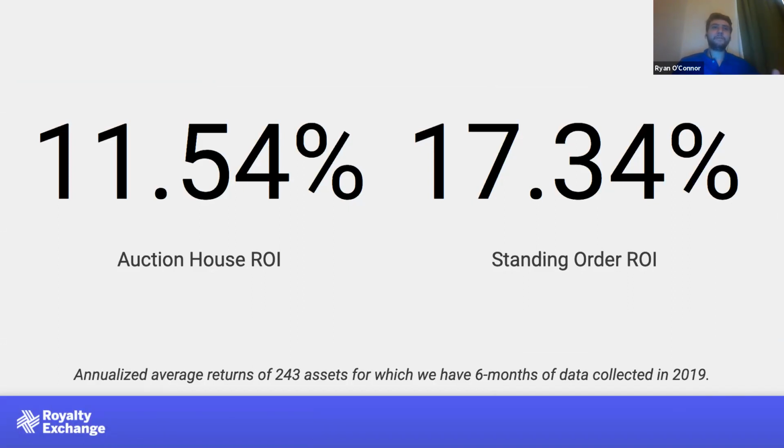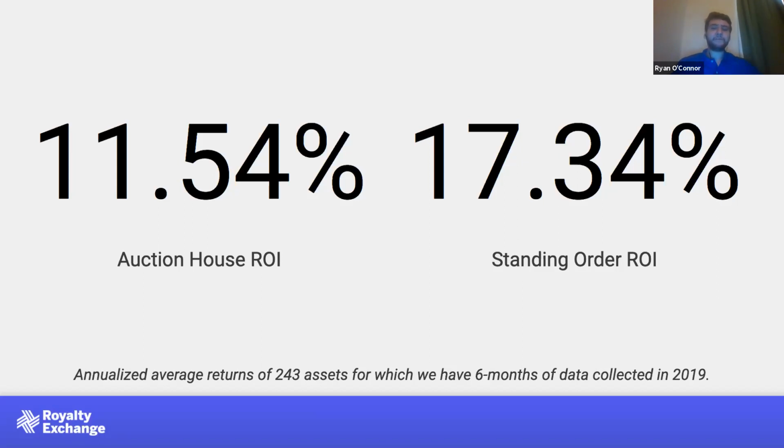So with the 10-year term, it's taking into account the principal that's being returned to you, plus the actual cash flow you're getting above and beyond that to create excess return for the investor. As we can see on the auction house, we have about an 11.5% return, but through our standing orders, it is much higher at a 17% annual rate of return.